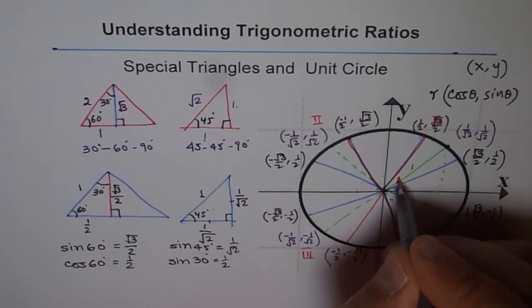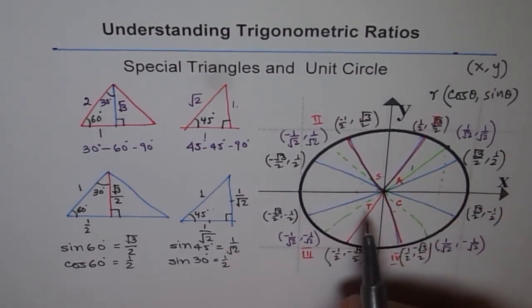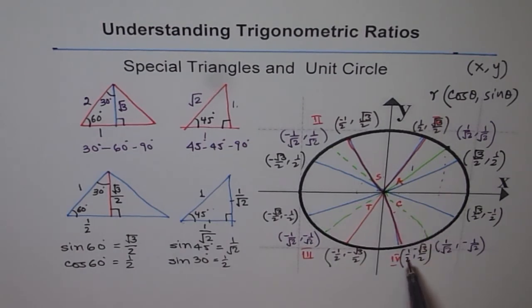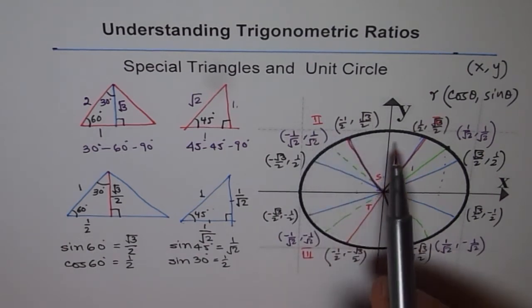C, A, all are positive. S, sin. And T, tan. Tan is positive. It is the ratio of y over x, right? When you do two negatives, it becomes positive, right? So tan is positive. For cos, the x value, see, it is positive. All x values are positive, right? Here y values are positive, rather, sine values are positive.